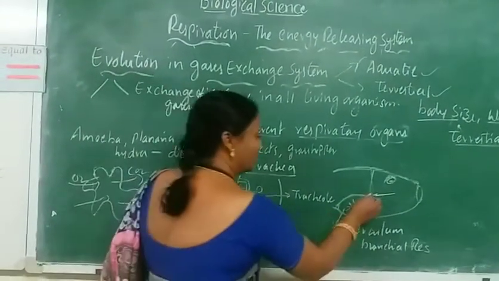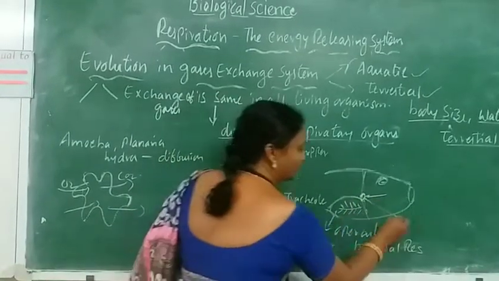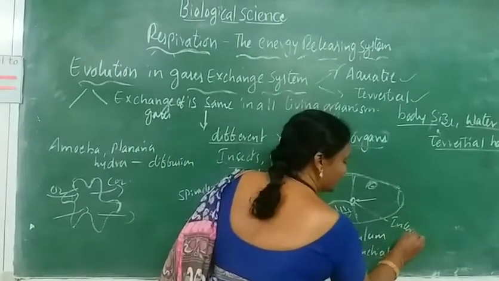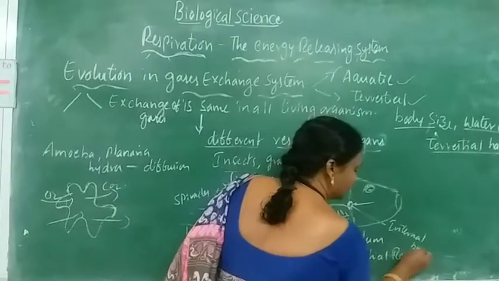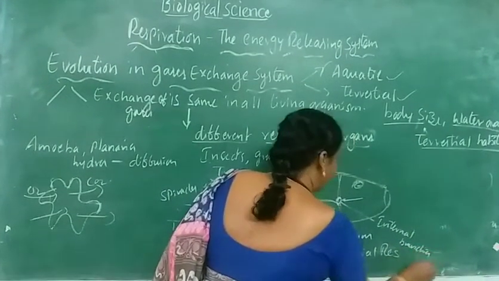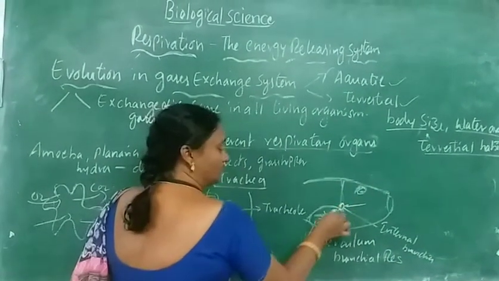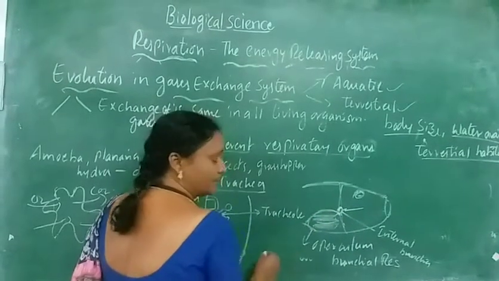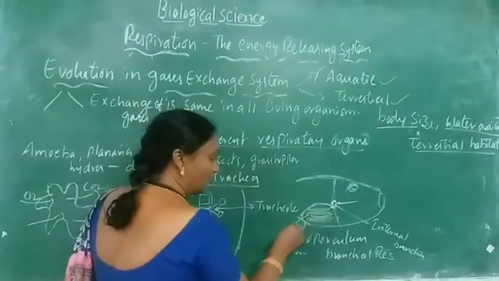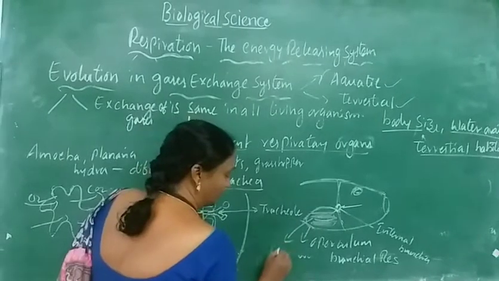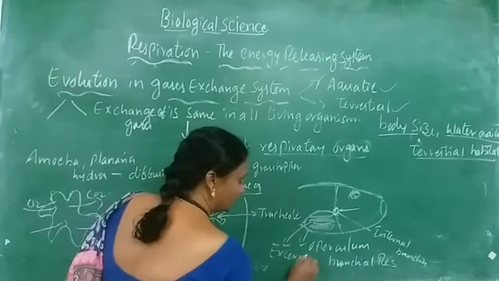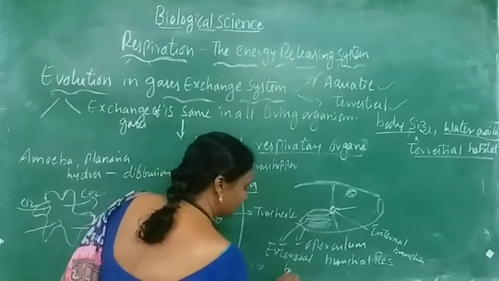From the pharynx, a pore is present called the internal branchial aperture. From the internal branchial aperture, the water bathes the gills where the exchange of gases occurs, and the outgoing water is sent out through the external branchial aperture.